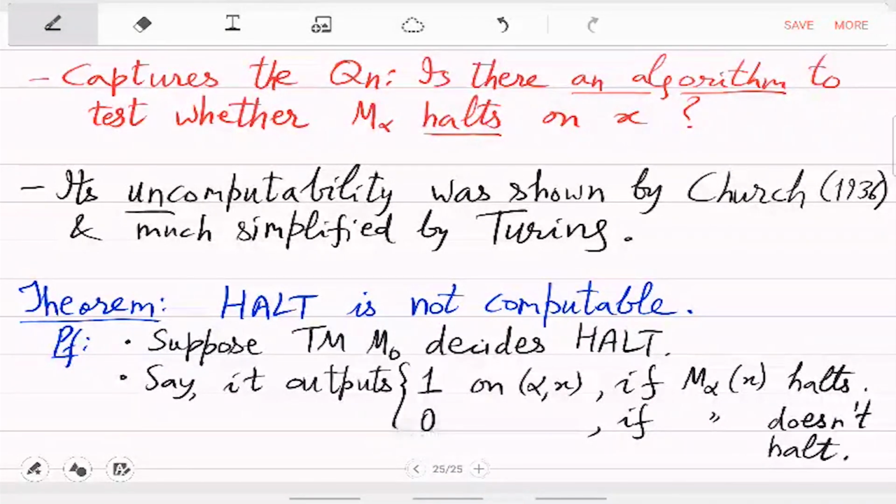Does not halt means it goes in an infinite loop. Okay. So what can we do with this information?